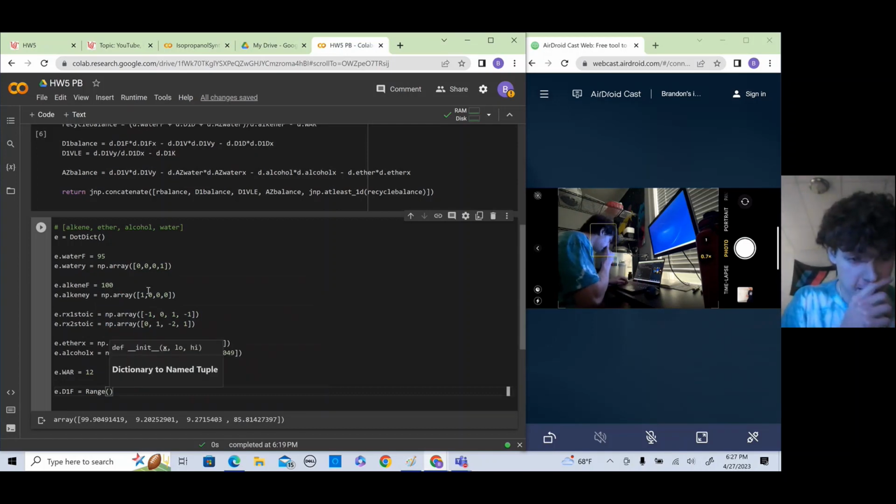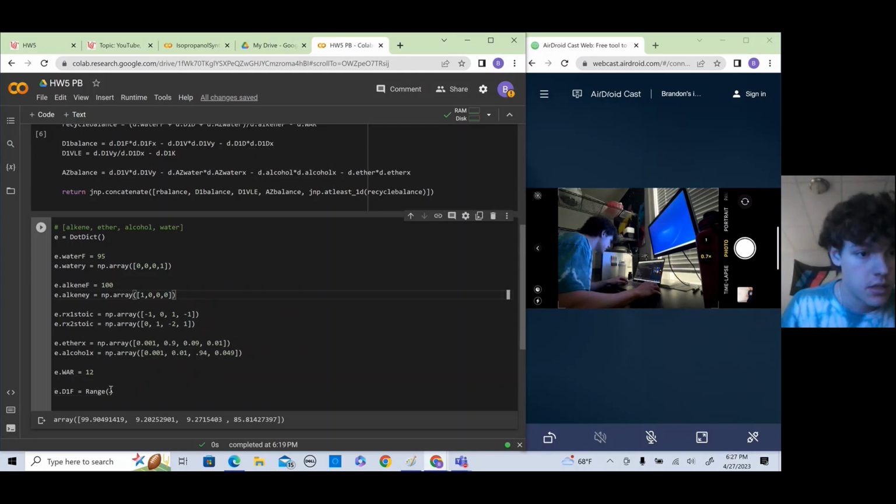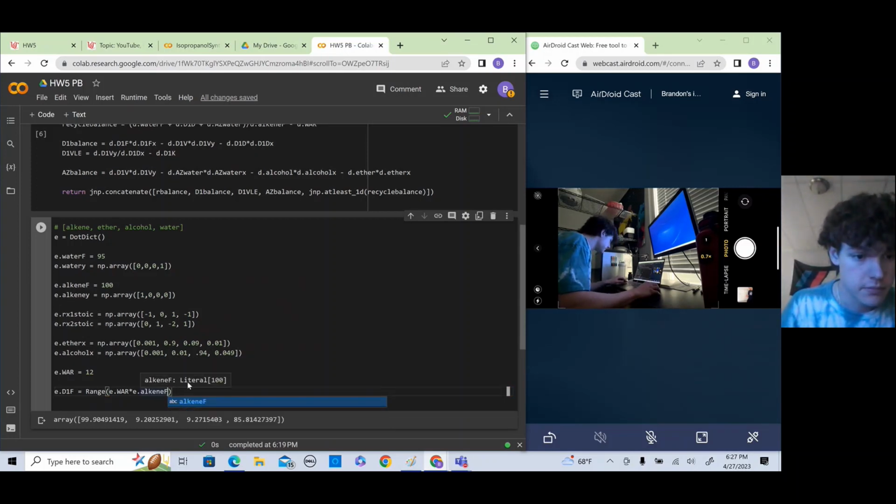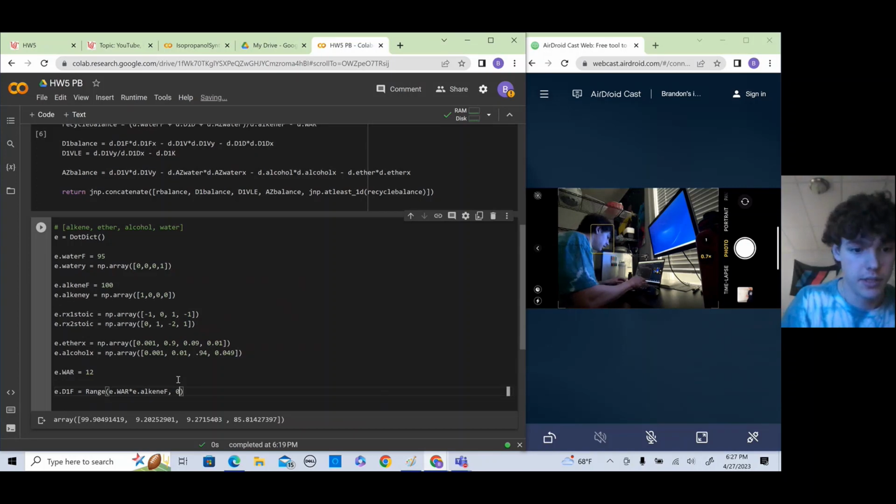And we'll call this, this will be our E dot war multiplied by our E dot alkene F. The lower limit is 0, and the upper limit will be just 2 multiplied by that.